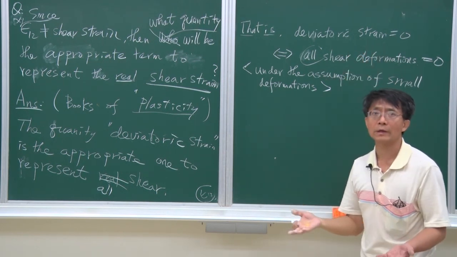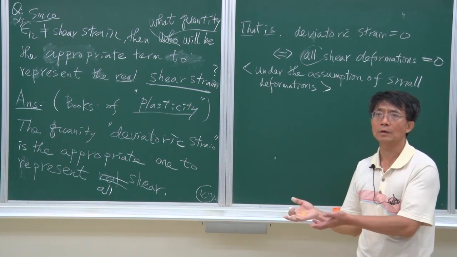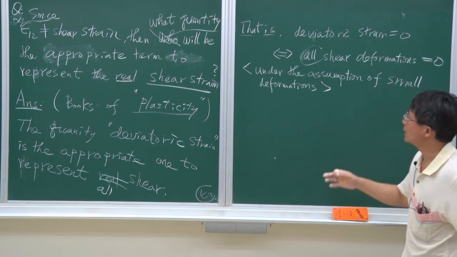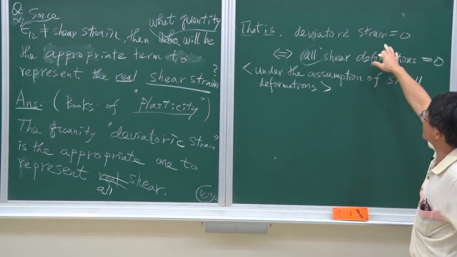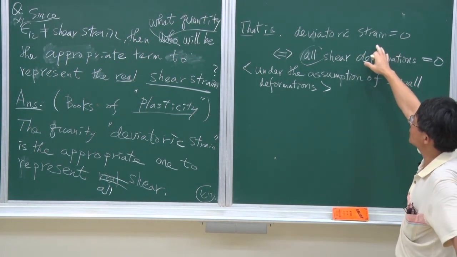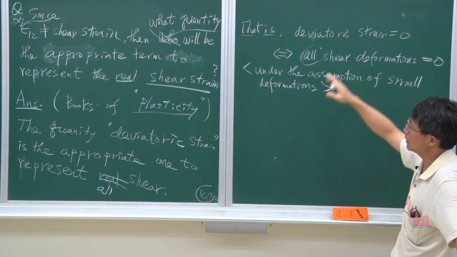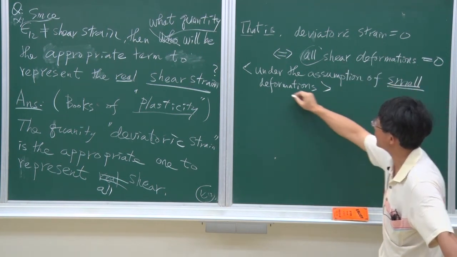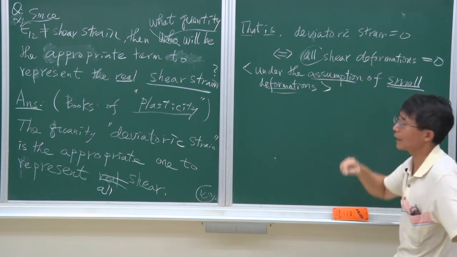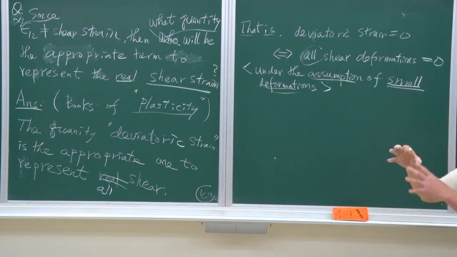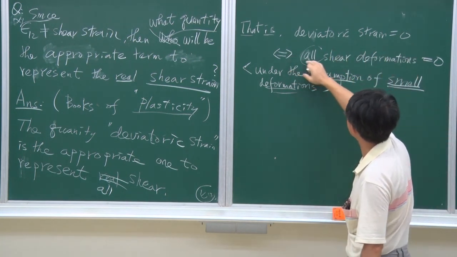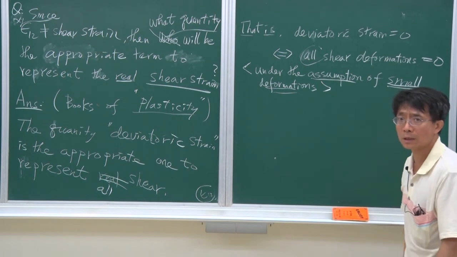Of course, the deviatoric strain can also be defined for large deformations, but this is another subject. Here, the deviatoric strain we use is defined for classical strain, so we still suffer from the small deformation assumption. If the deformation is small, then the deviatoric strain equals 0 is equivalent to all shear deformation equals 0.